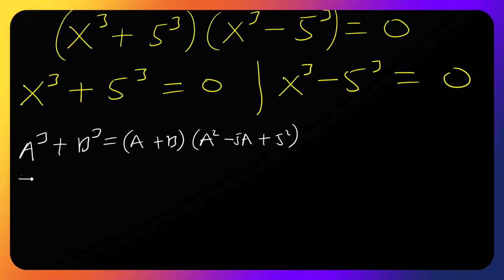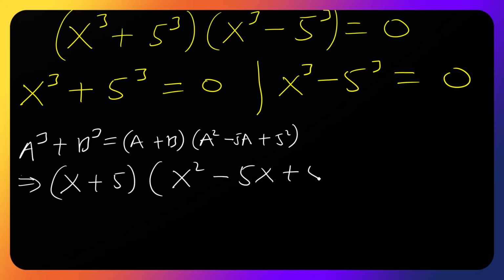So from here, we can write this as x plus 5, then x squared minus the product 5x plus 5 squared, equals 0.